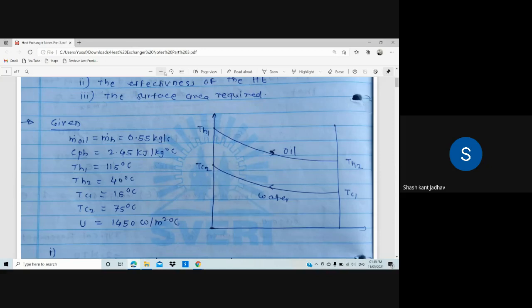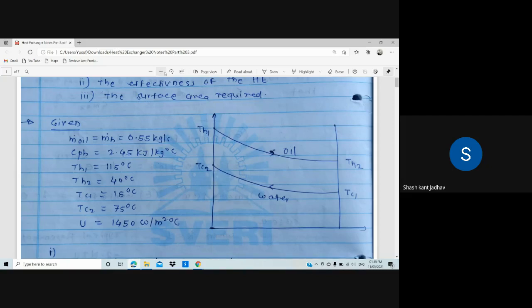Then they have given the overall heat transfer coefficient is expected to be 1450 watt per meter square degree Celsius. So capital U is given, capital U is equal to 1450 watt per meter square degree Celsius.